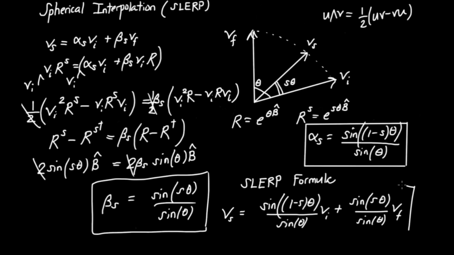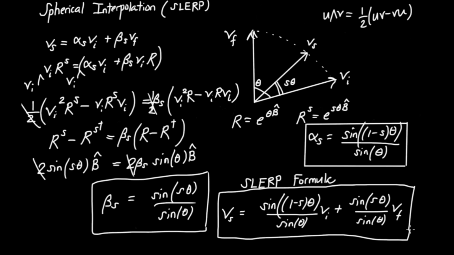So there you go. There's the formula, given vi and vf, to interpolate along the great circle on that sphere from vi over to vf, depending on the parameter s.